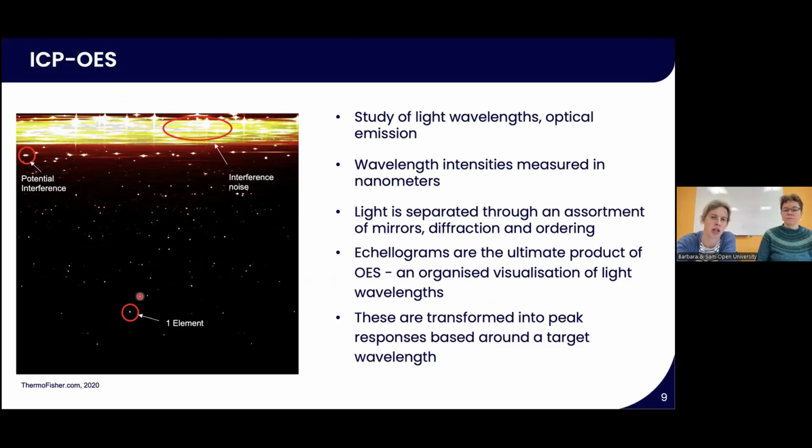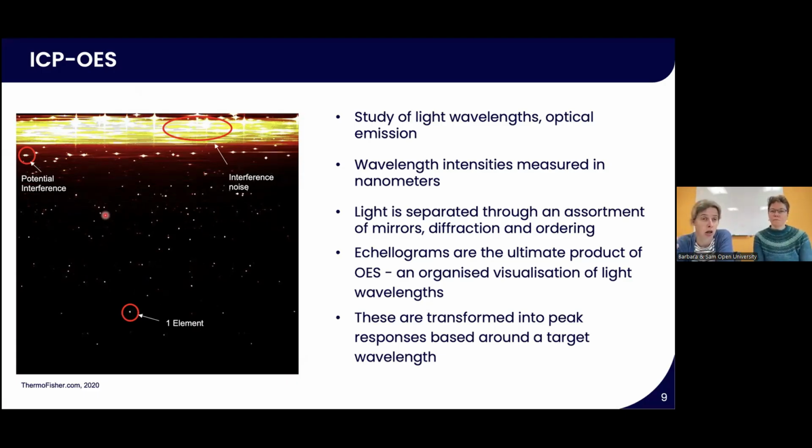This is the output that you get from an ICP-OES, and it is basically an organized visualization of the light wavelengths. Each of these different pixels relates to a different element, and you can see that sometimes we get clustering of these pixels, which indicates that there's some potential interference on the elements that we might be looking at. The brightness of these peaks indicates basically the concentration. So the brighter it is, the more of that element there is in the sample.